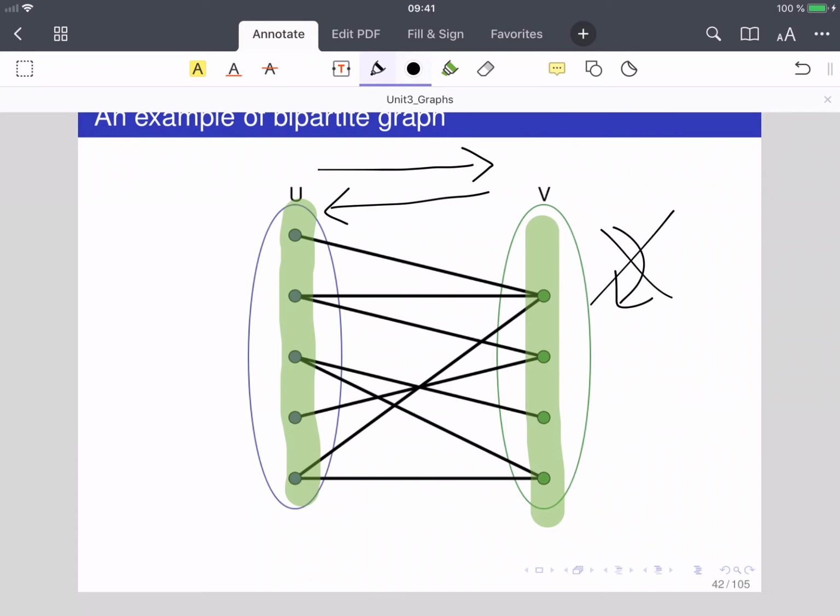So whenever I have a cycle, this cycle must have a length which is an even number, because I have to go to V and back, go to V and back, go to V and back. I cannot connect vertices inside U and V.